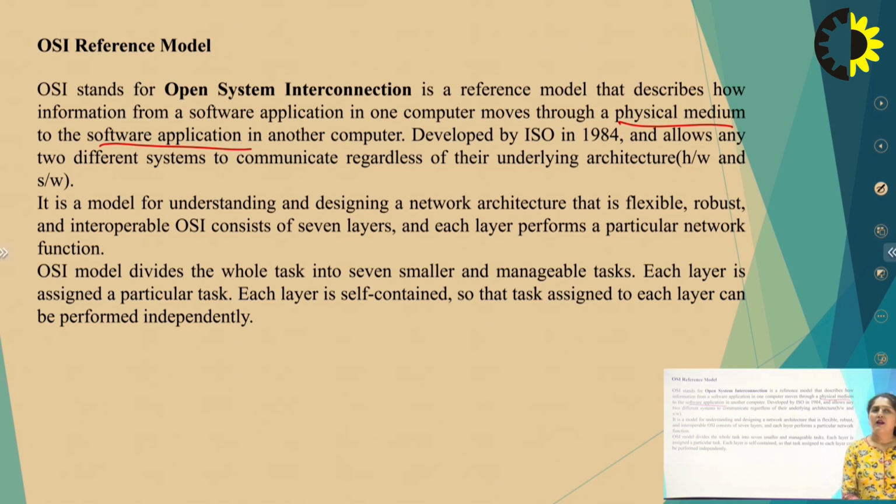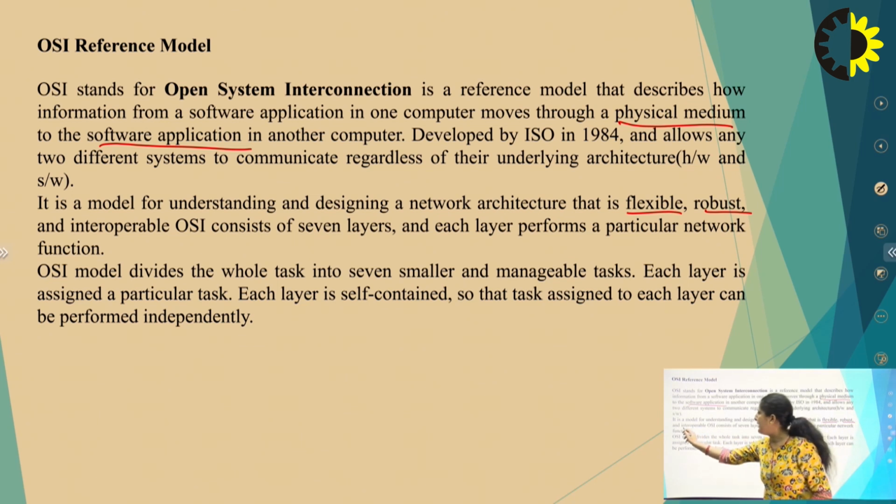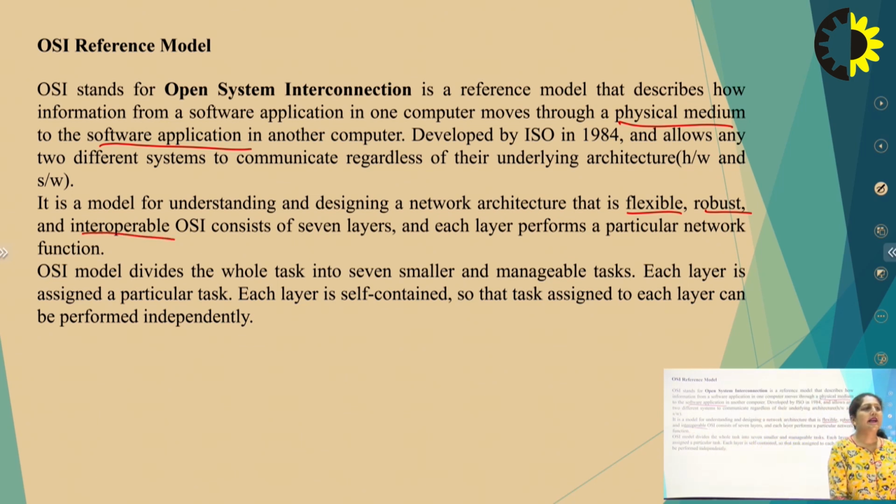It is a model for understanding and designing a network architecture that is flexible, robust, and interoperable. OSI consists of 7 layers, and each layer performs a specific task. So, what are the 7 layers?